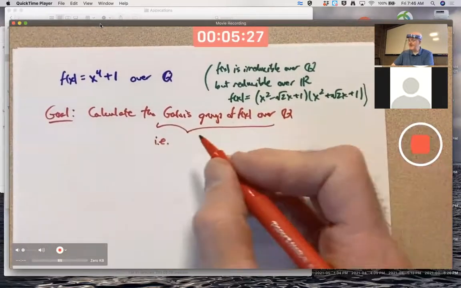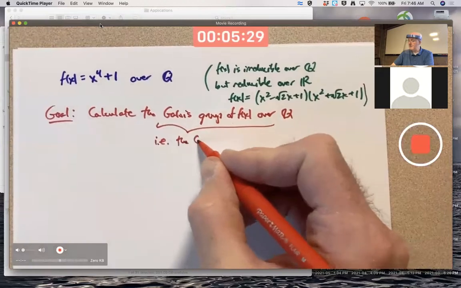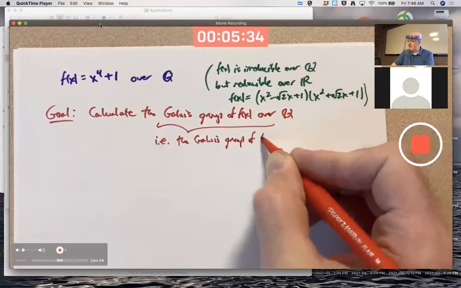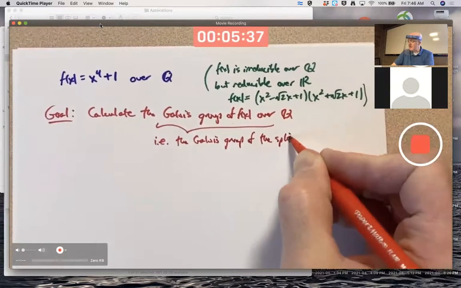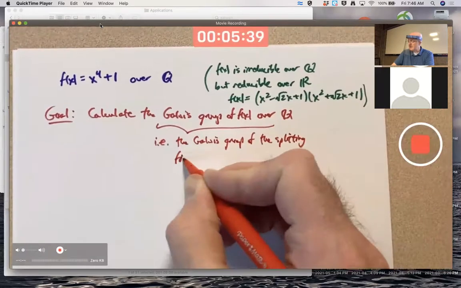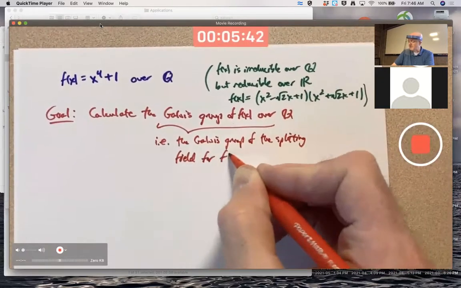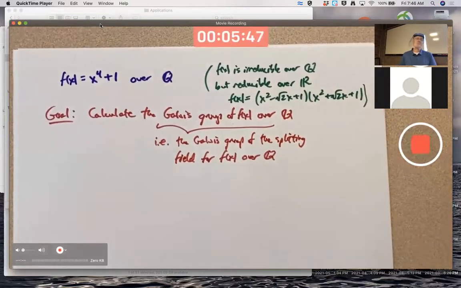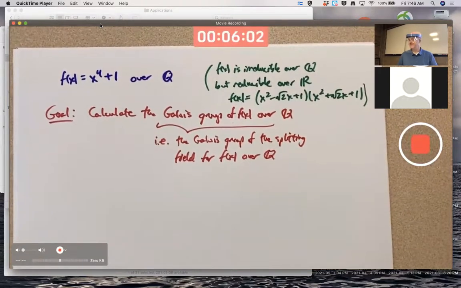It means, i.e., the Galois group of the splitting field for f of x over Q. Or technically, you could say a splitting field. There are many splitting fields, though they all would be isomorphic to each other. We will be considering one that is a subfield of the complex numbers.